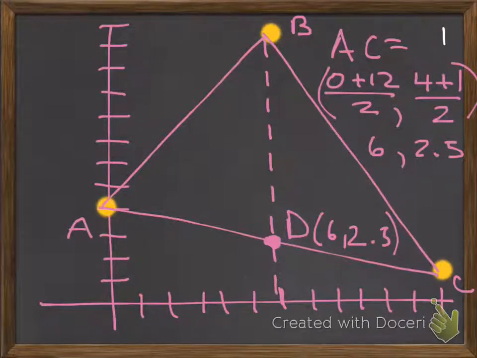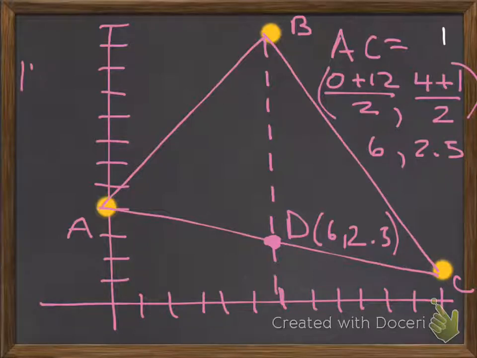The second thing you're going to do, and this is why you want either a horizontal or a vertical line for your median, is you're going to count the distance of the median. So from point B to point D, vertically, the distance would be 11.5 minus 2.5, because those are our y coordinates.